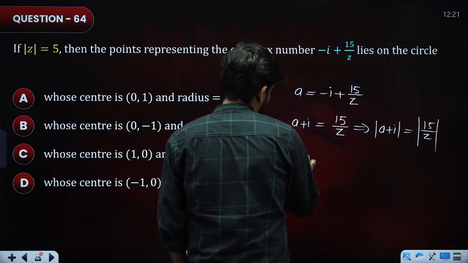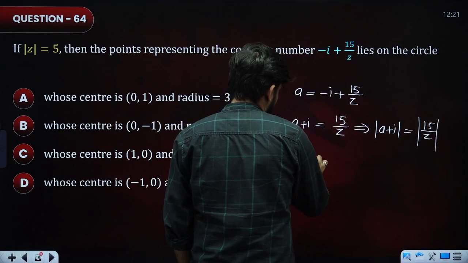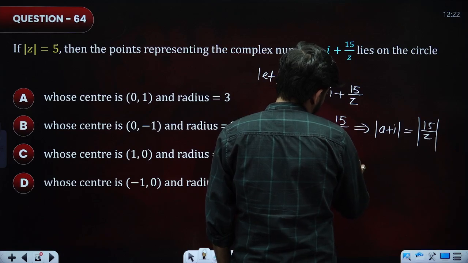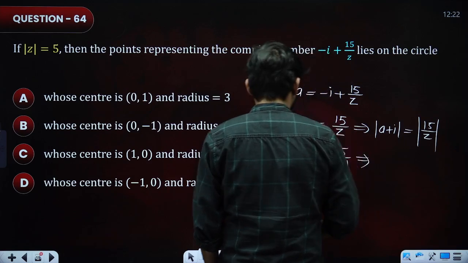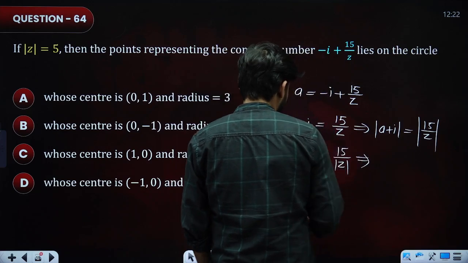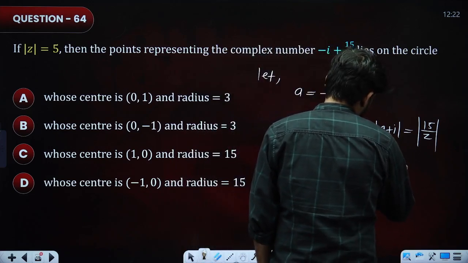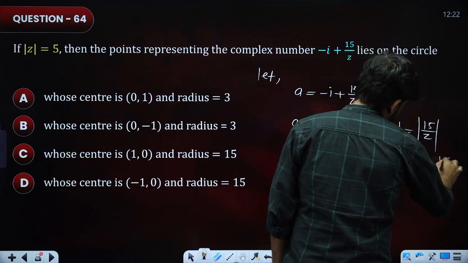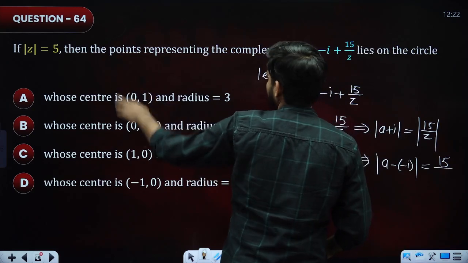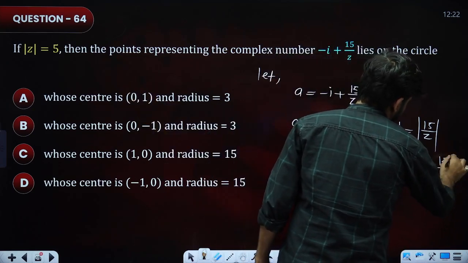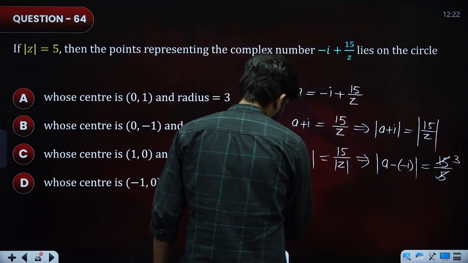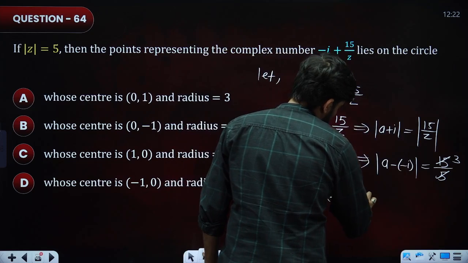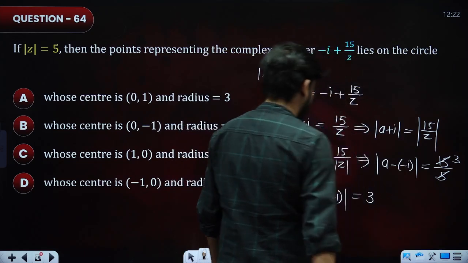So we have a plus iota equal to 15 upon mod z, correct? So for that case we can write a minus iota equal to 15 upon, because mod z is equal to 5, it is given, this is equal to 3. So we have a minus iota equal to 3.